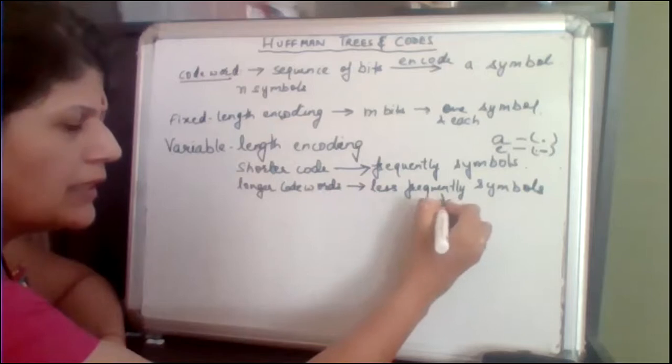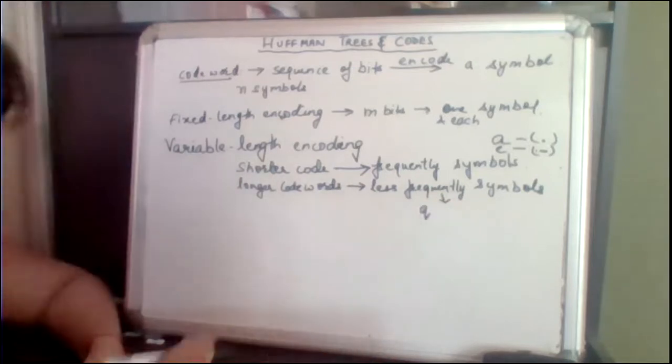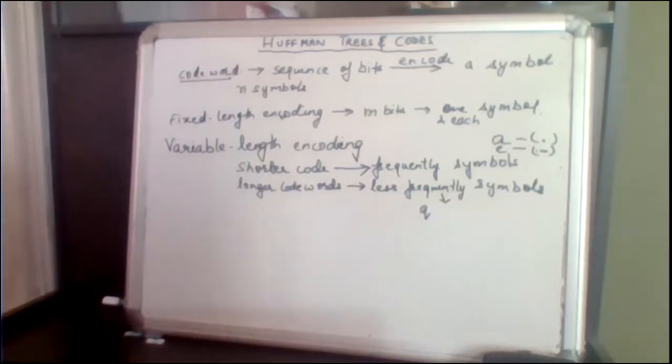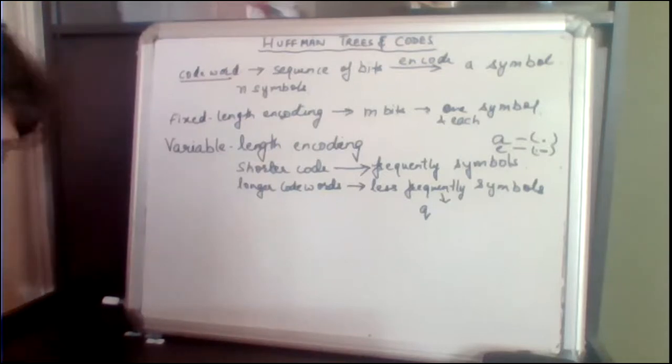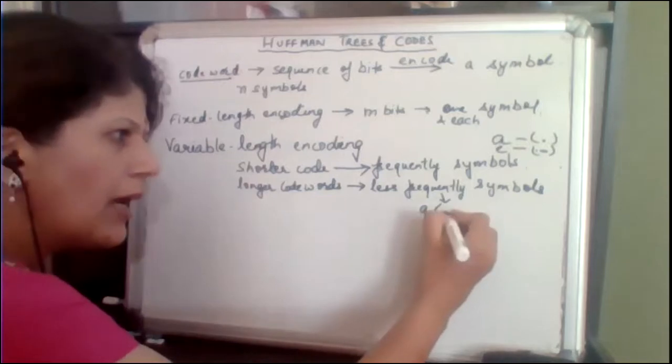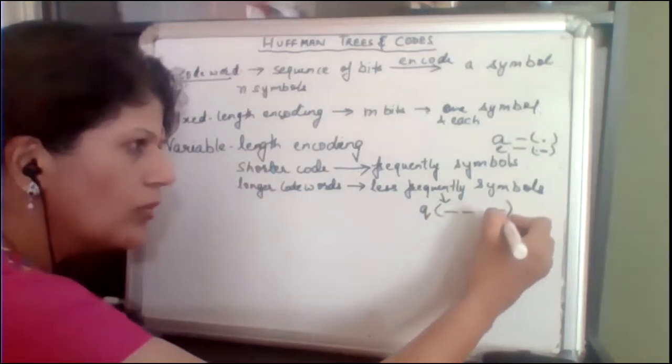In this category, you can have Q or Z or W, which appear very less frequently, and these can have longer code words.